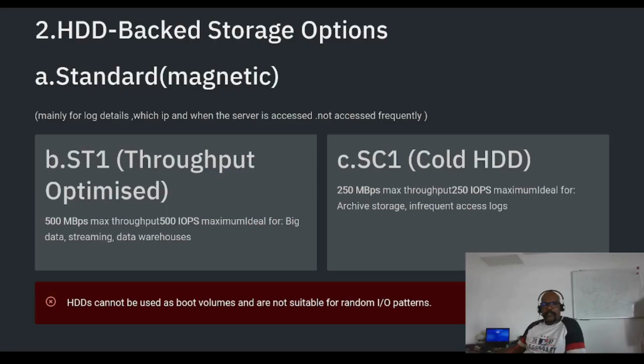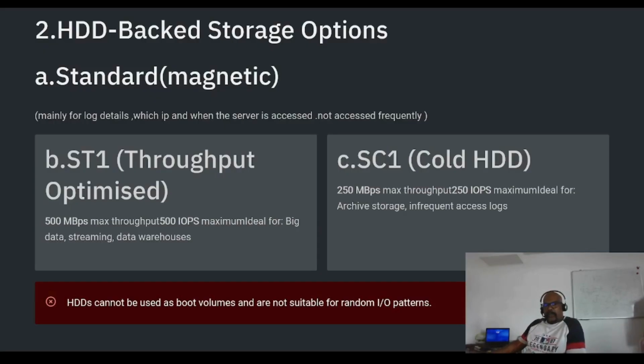Then ST1, throughput optimized, has up to 500 Mbps maximum throughput and 500 IOPS. Mainly it is used for video streaming, where there is more reading but less writing. At that time we can use this throughput optimized volume.